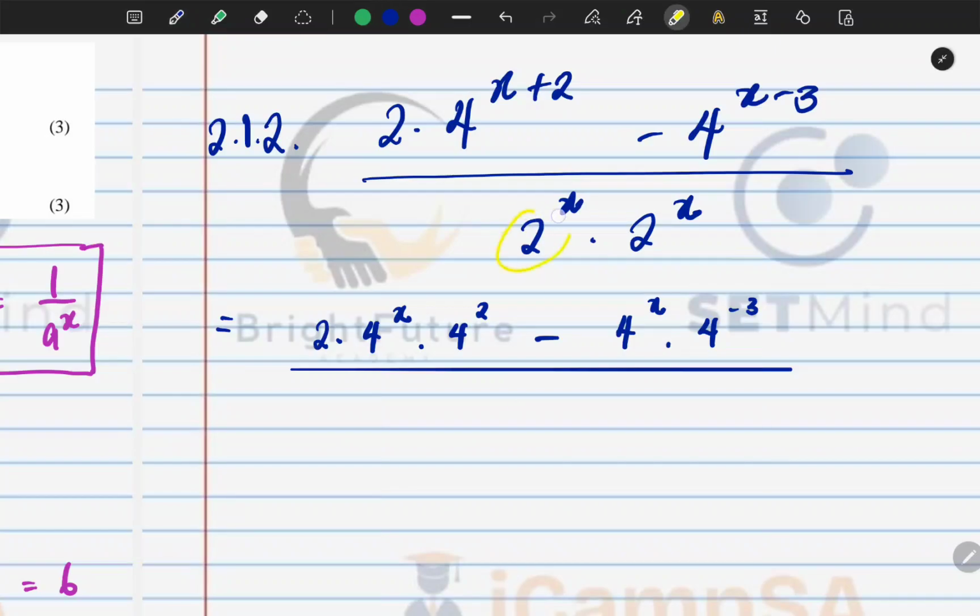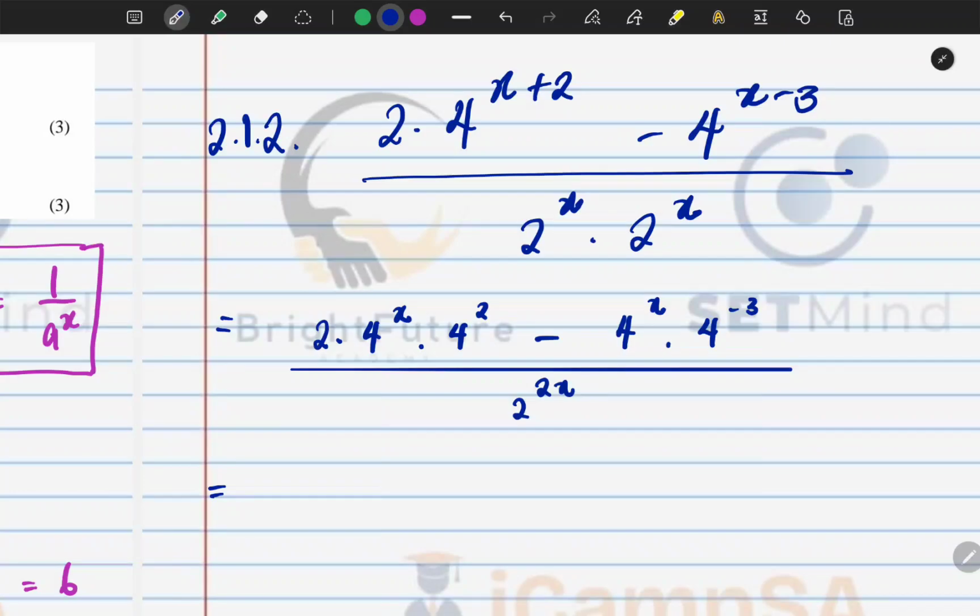All over this, which is the same base. When you have the same bases, what do you do to the exponents? You add the exponents. So x plus x is going to be 2x, giving 2 to the power of 2x. Great.